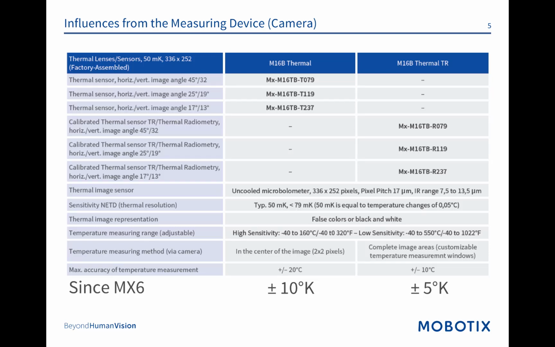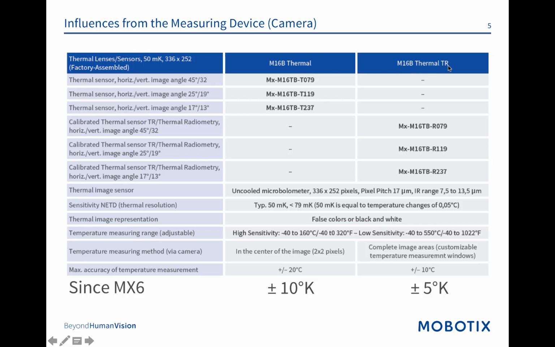And what I have here, this is the data sheet of our camera. Yeah, so we are using a thermal image sensor in two models of our cameras. This is the M16 and the S26. And we have then two different types of thermal sensors. One is called the thermal sensor, and then we have the thermal TR sensor.